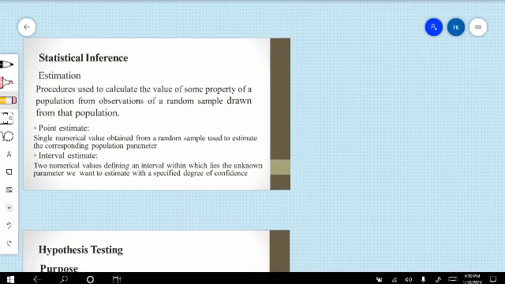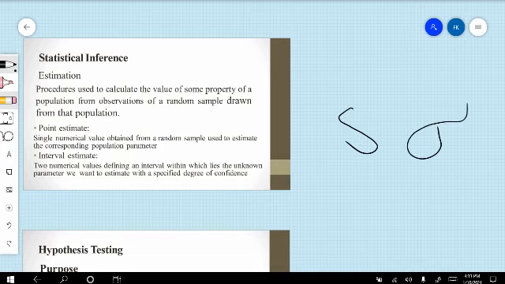For example, the standard deviation of the sample, denoted by S, used to estimate the corresponding population parameter, which is sigma, or the mean of the sample, which is x bar. The sample mean, denoted by x bar, used to estimate the population mean, which is denoted by mu.